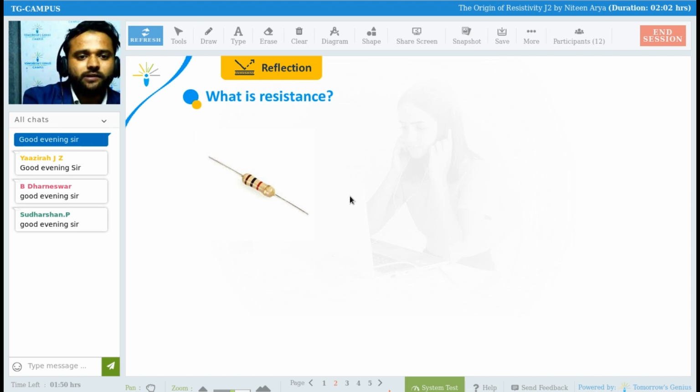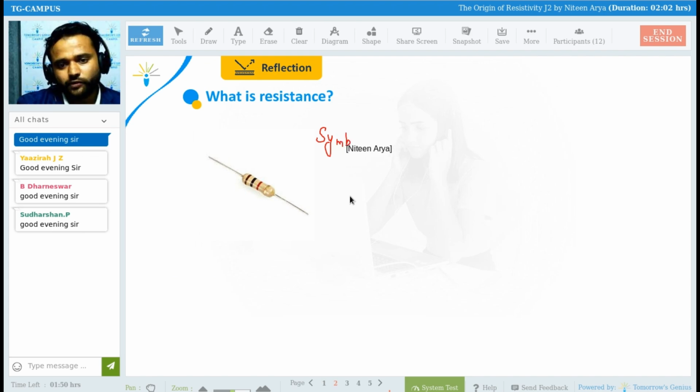Okay, so this is the symbol of resistance. What is resistance? Now you tell me in your language, not bookish language, because in the previous lecture I told you what is resistance. This is resistance in general, and that is how resistance looks in a laboratory.